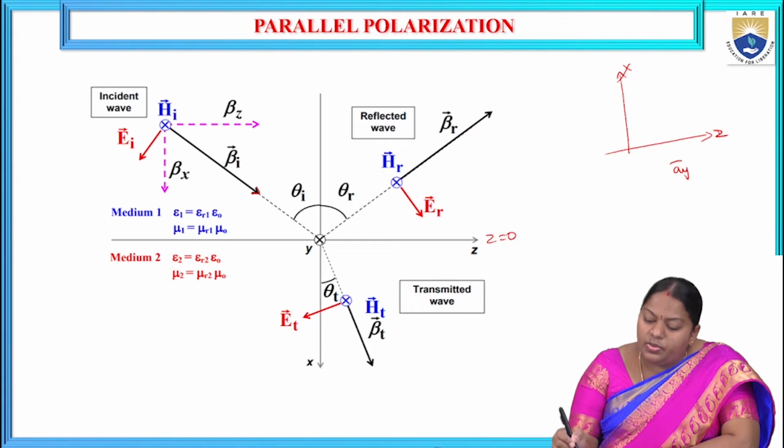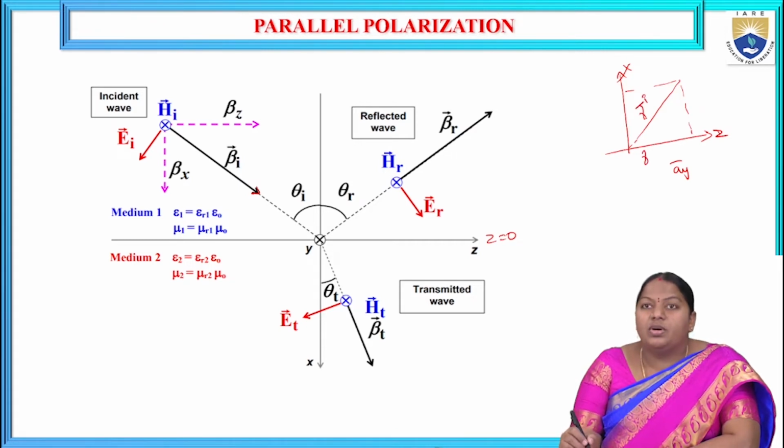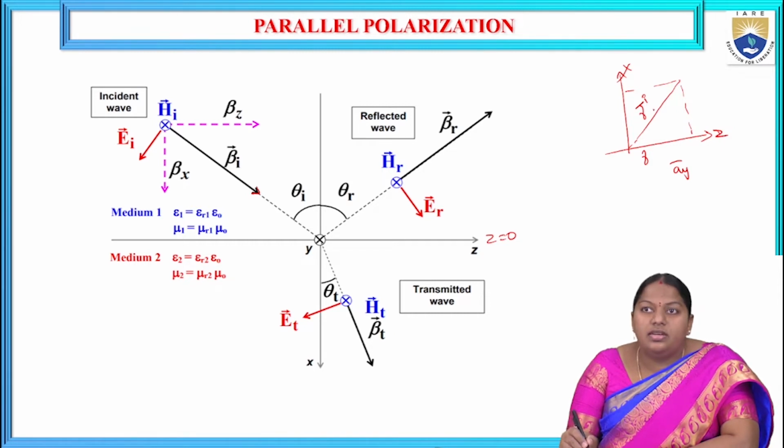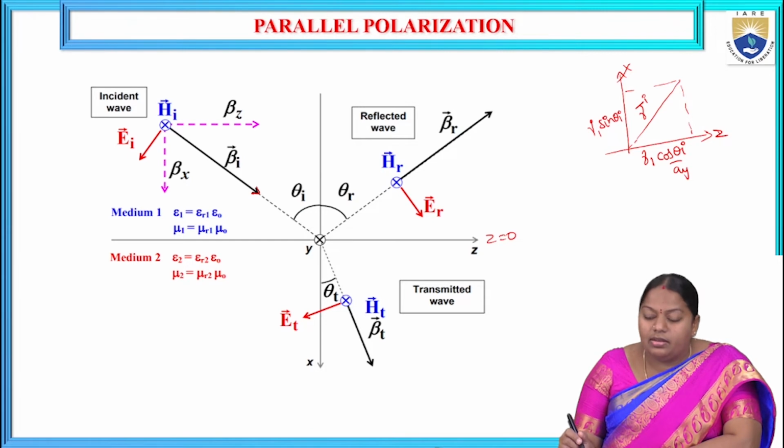So as in the previous case, here also this can be considered as the XZ plane, and the direction of this will be assumed like this. And gamma, if you are assuming the propagation constant, gamma I stands for the incident wave, and the real axis component is given by gamma 1 cos theta I and gamma 1 sin theta I. Always we consider the cosine function on the real axis and the sine function on the imaginary axis.